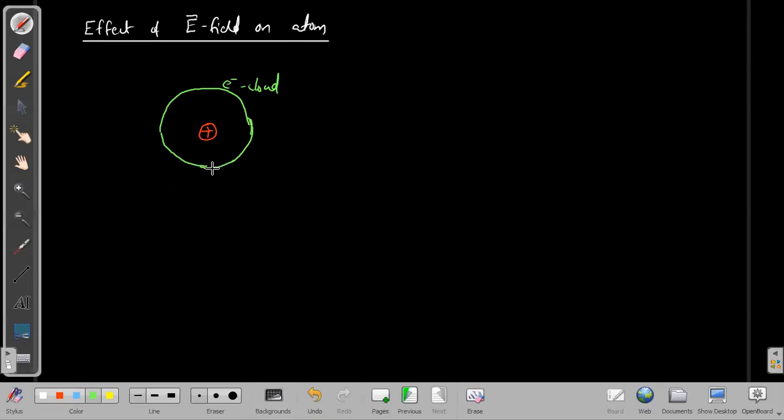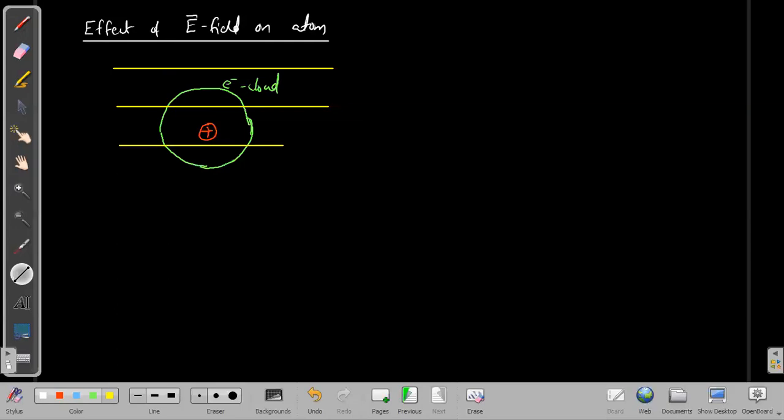Now if you apply some electric field here, what would happen? Suppose you are applying the electric field towards the right. Let the strength of the electric field be E. Then what would happen?